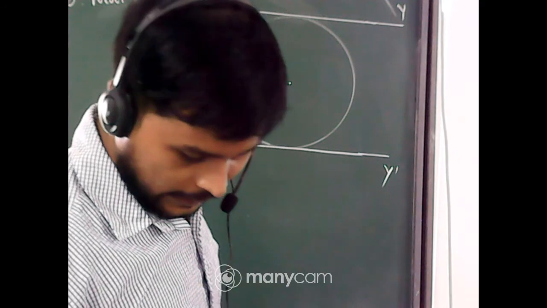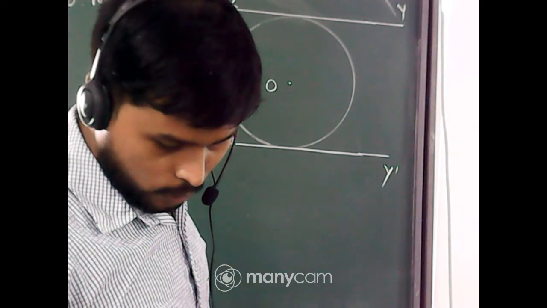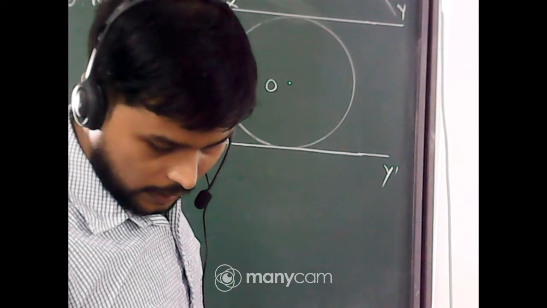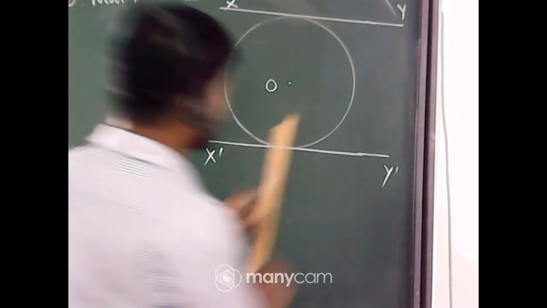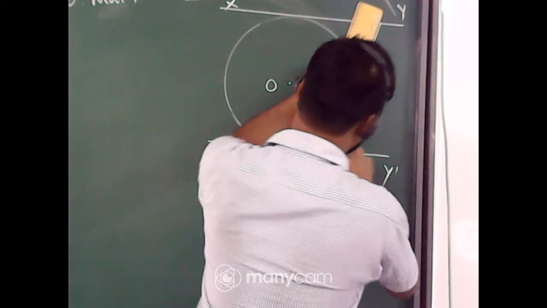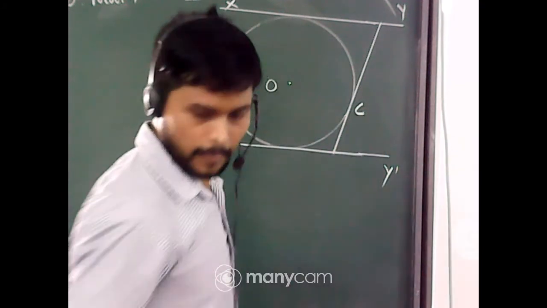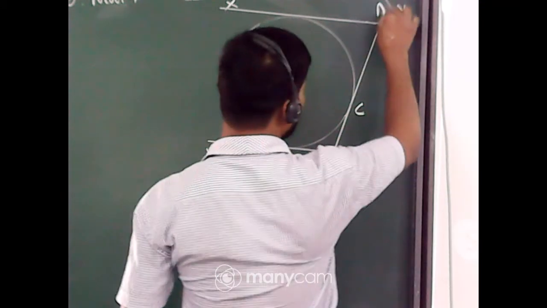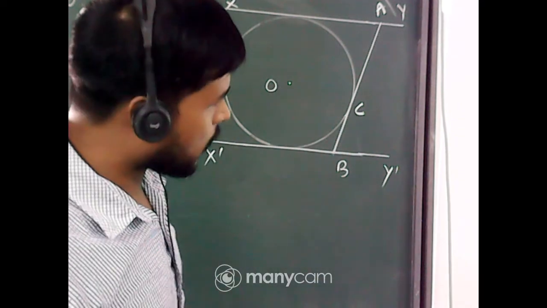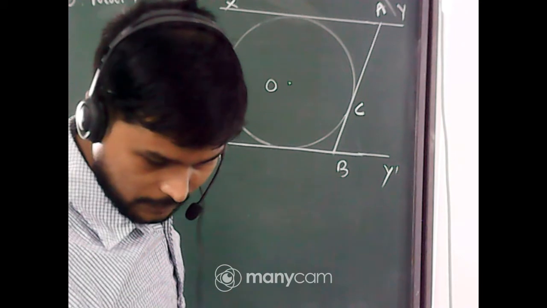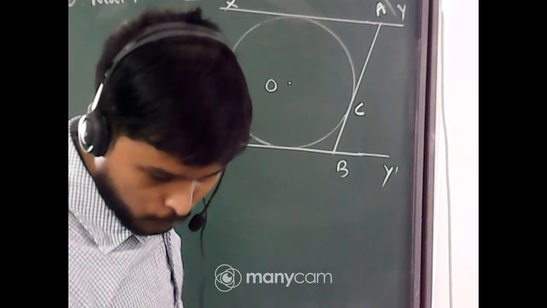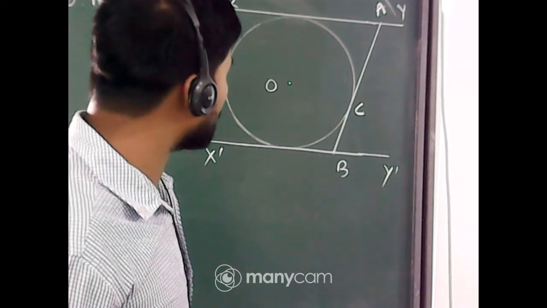Center O, and another tangent AB, which intersects the circle at the point C. So draw a tangent here, AB, which touches the circle at the point C. This is point A, this is point B. Now the next line is, prove that angle AOB is equal to 90 degrees.